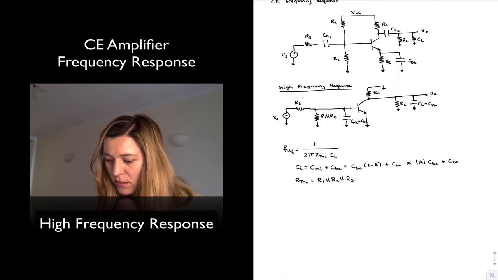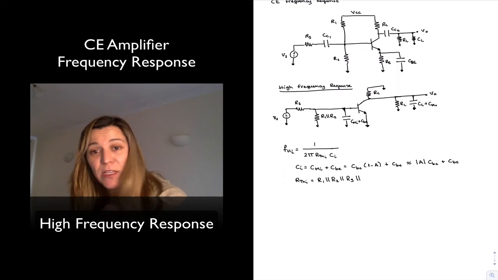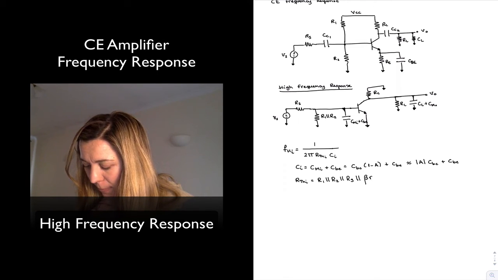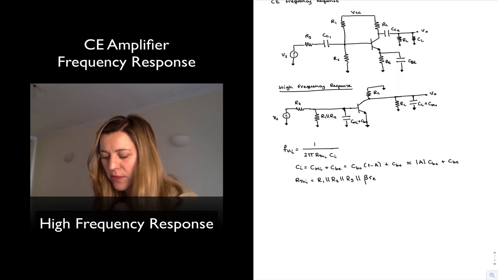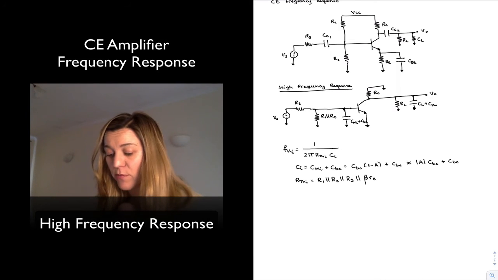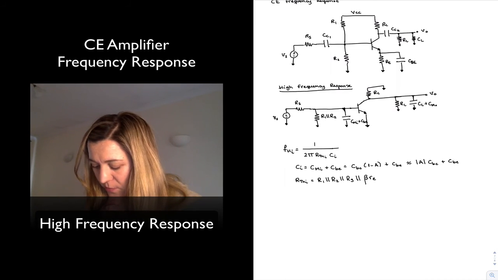That will be the value. Oh, and I'm missing one. And the one that's connected on the other side, which is going to be beta times little re. And now I think I've got all of them. So that will give me a value for high cutoff frequency FHI.